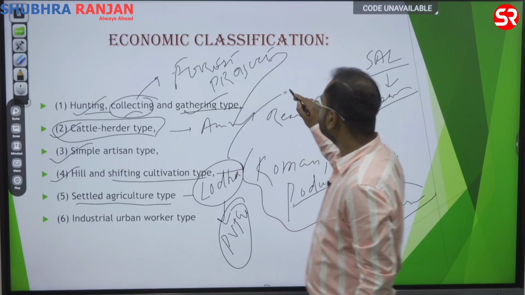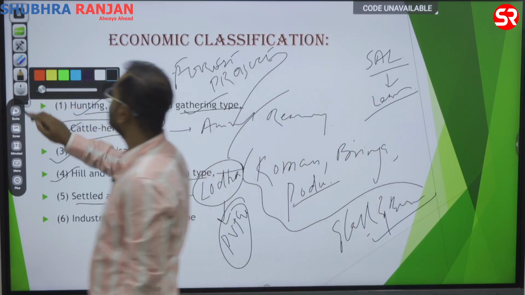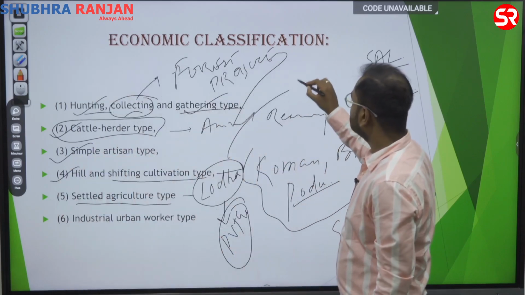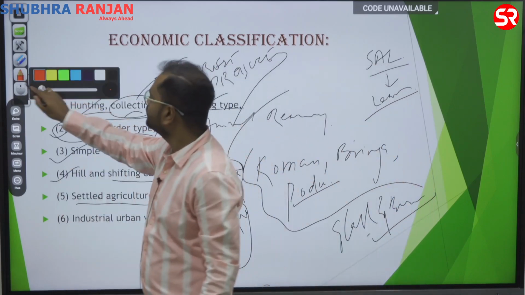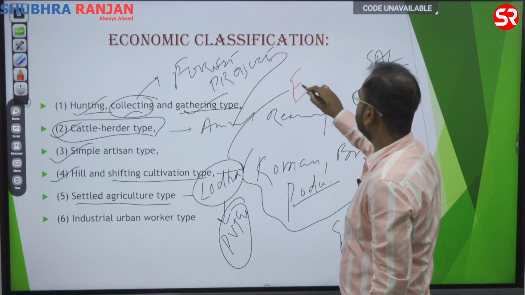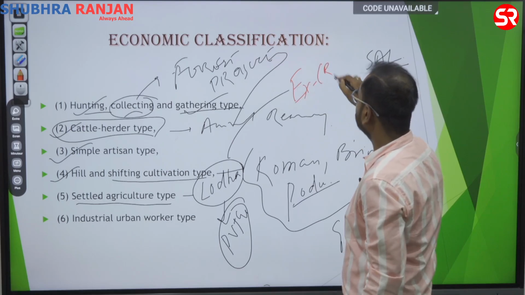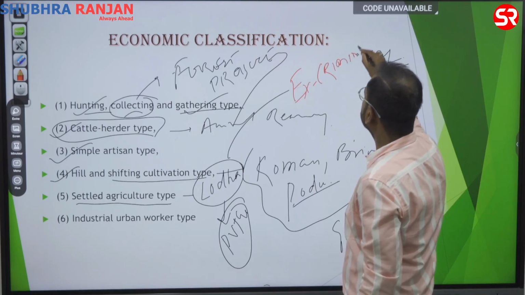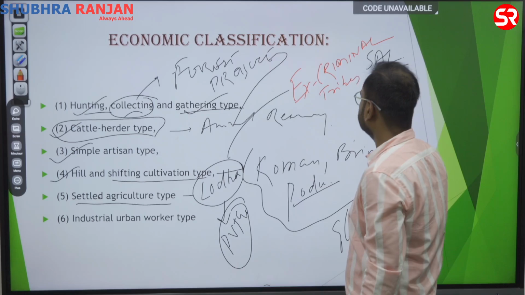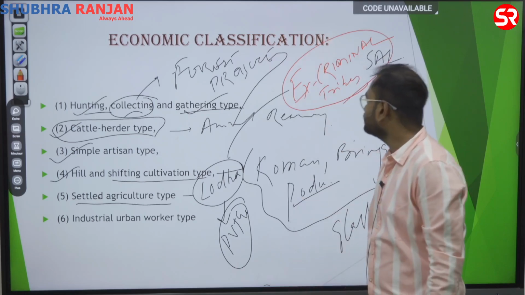Thirdly, very, very important, I'll change the color of the pen. See, these tribes are ex-criminal tribes. Kindly make a note of it, please do that.